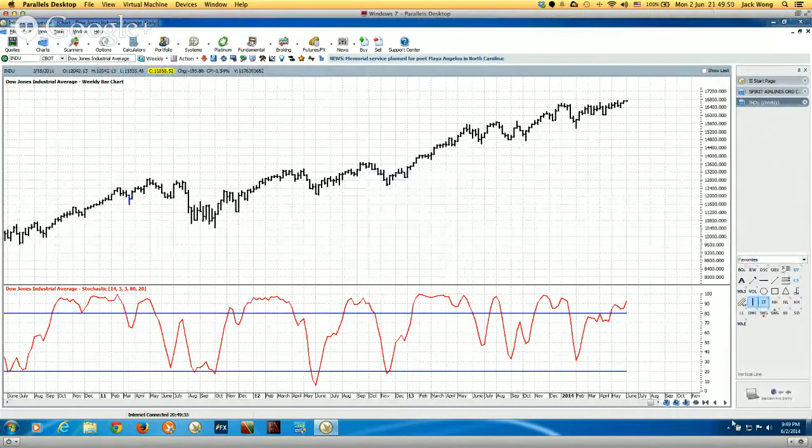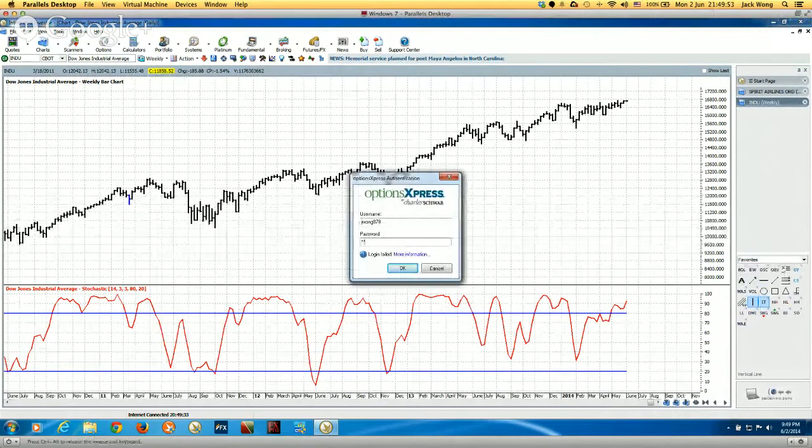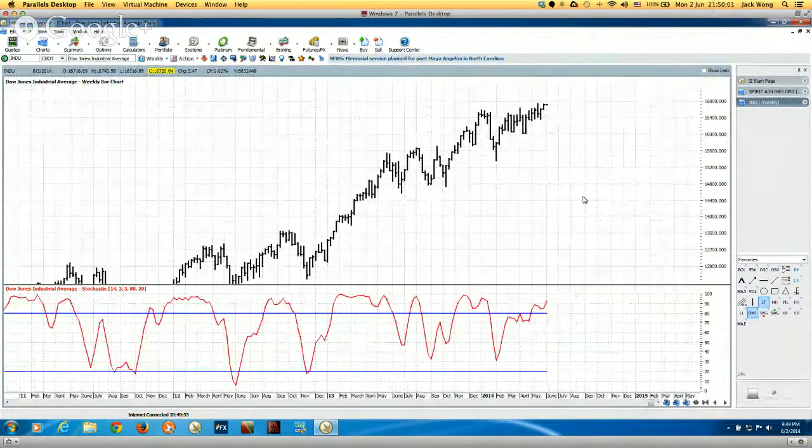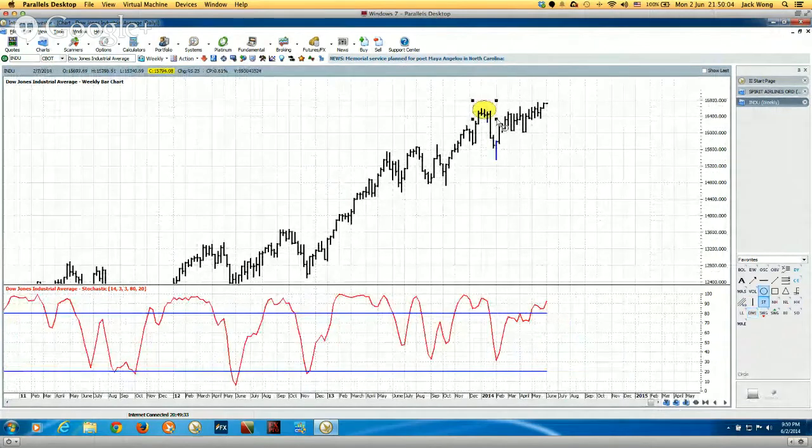This is called stochastic bearish divergence. So what I need to do is look at the stochastics. If I see a high, good. If I see another high, does it give me a new high or the other way, called a lower high?